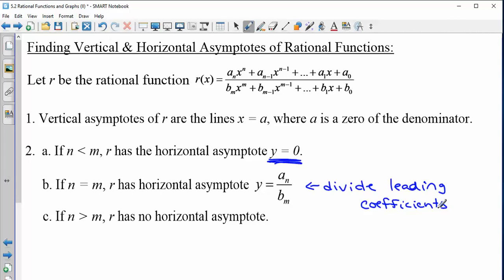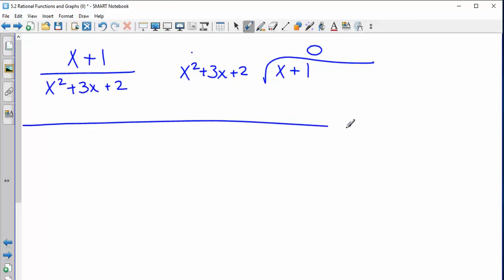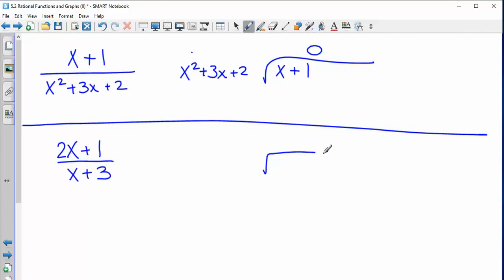Okay, so let me make up a problem and try to justify that piece to you. If I have the same degree on top and bottom, let's say 2x plus 1 over x plus 3. That means divide.